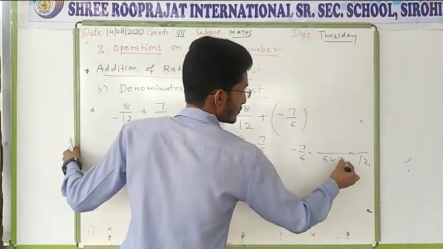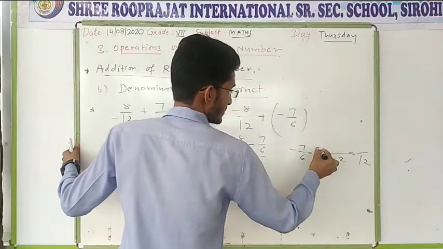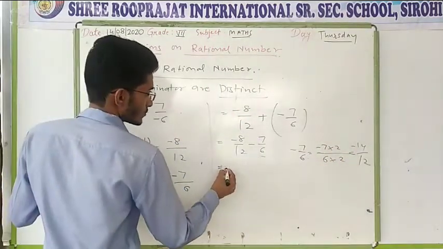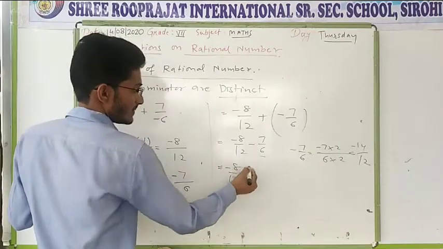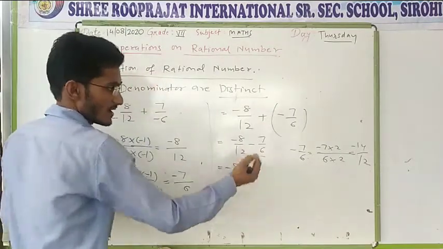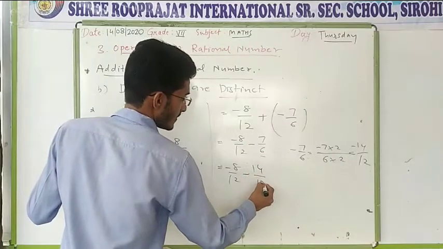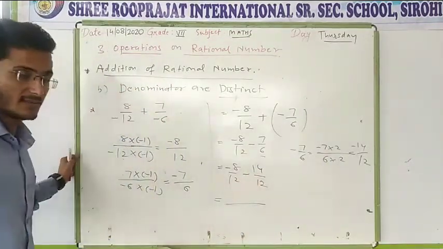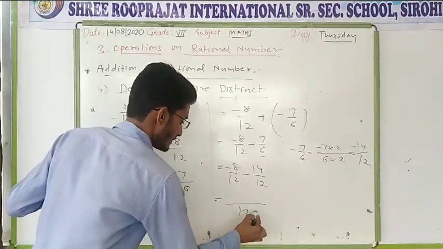So 6 multiplied with 2, you will get 12. Same as you have to multiply minus 7 by 2, you will get minus 14. So minus 8 by 12, and in place of 7 by 6 you have to write 14 by 12. Again the denominators are the same, that means you have to write the same number 12.